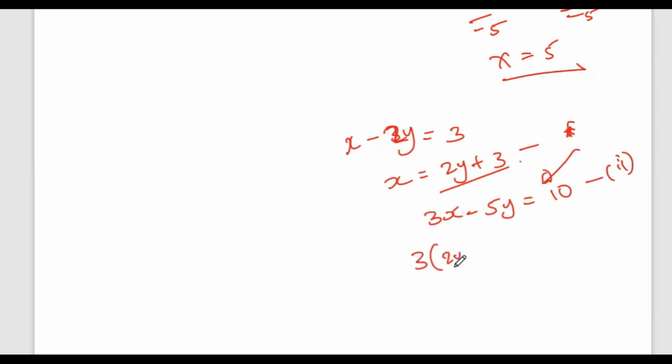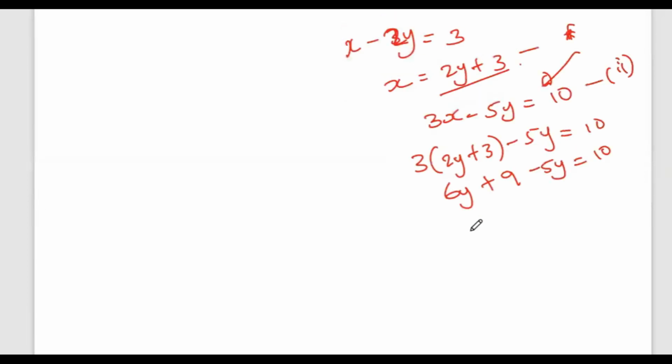So 3 into (2y plus 3) minus 5y is equal to 10. That is 6y plus 9 minus 5y is equal to 10. So 6 minus 5, that's a y.